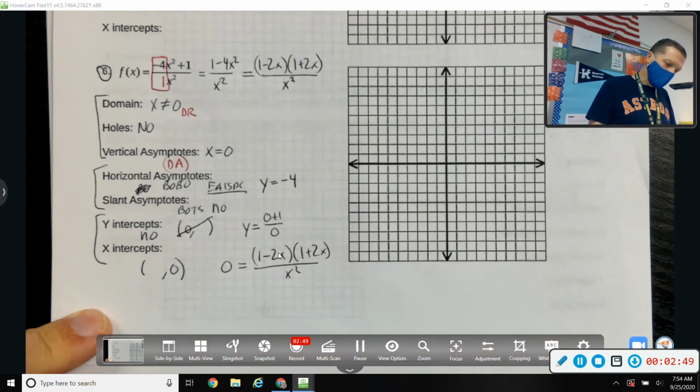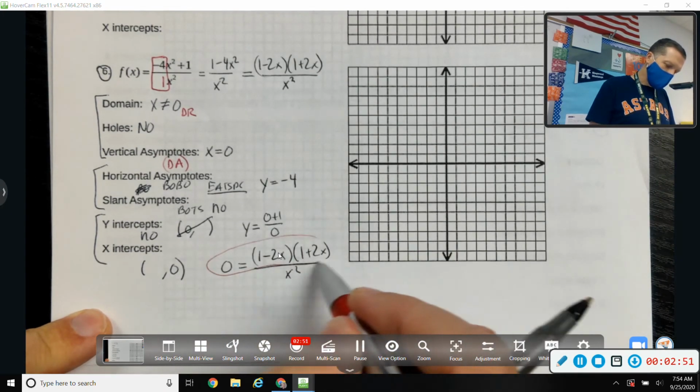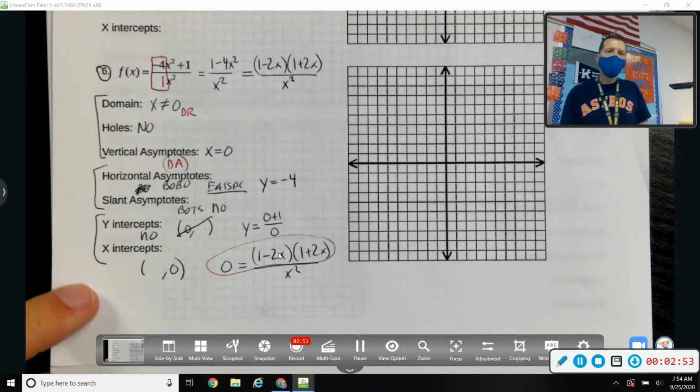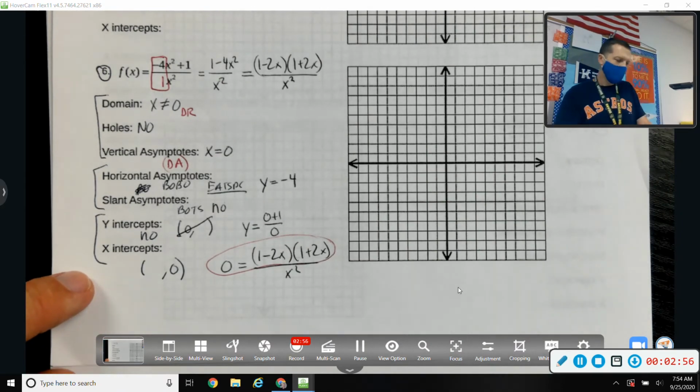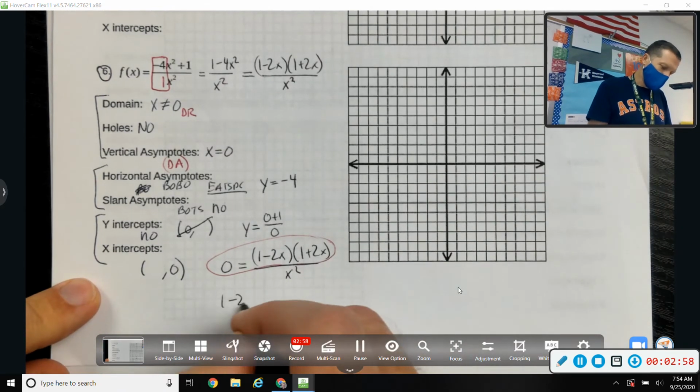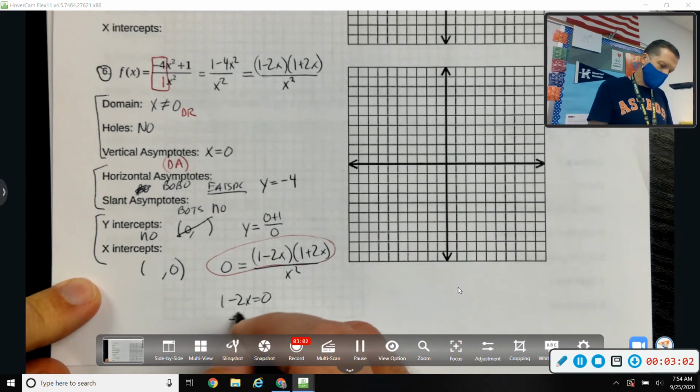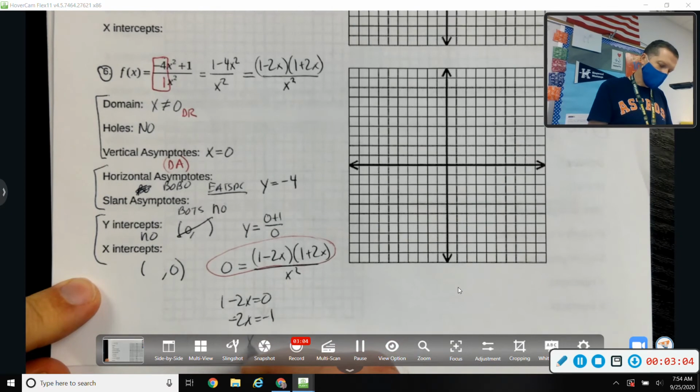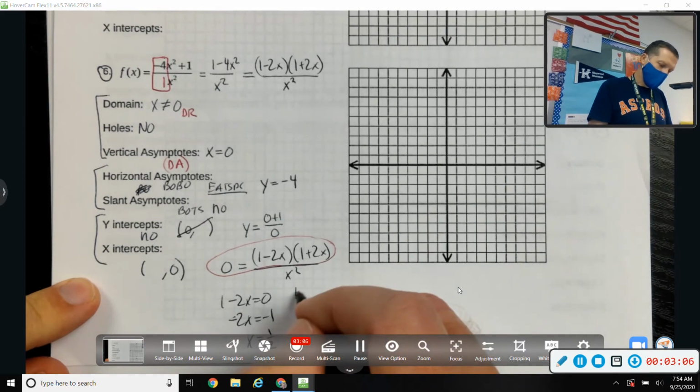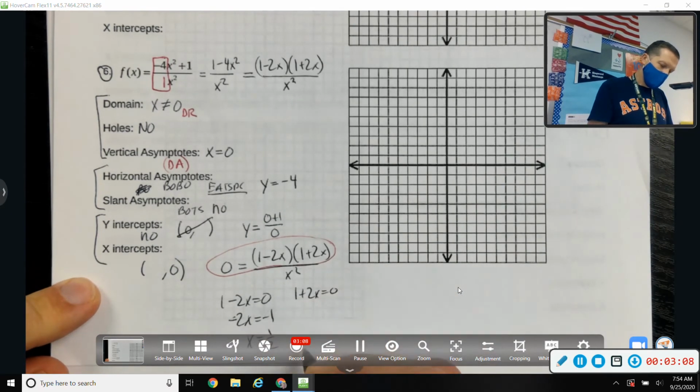And again, the only thing that makes a fraction 0 is the top. So I'll set both of the numerator factors to 0. So -2x equals -1. So x equals 1/2. And the other one would be -1/2.